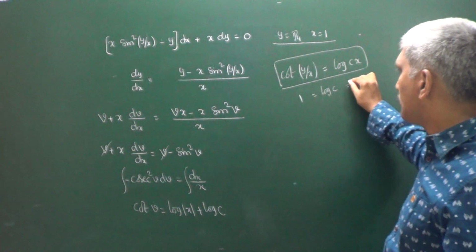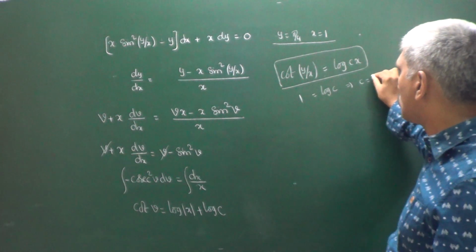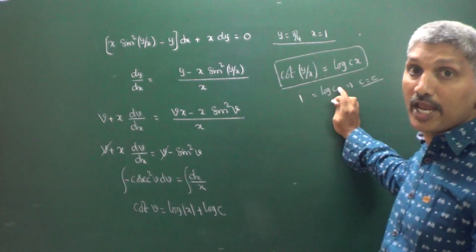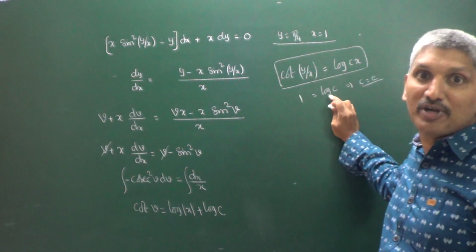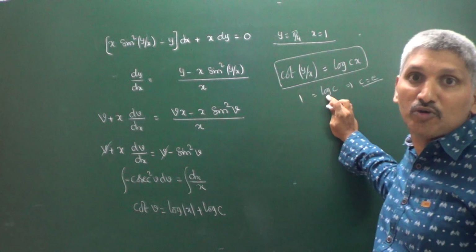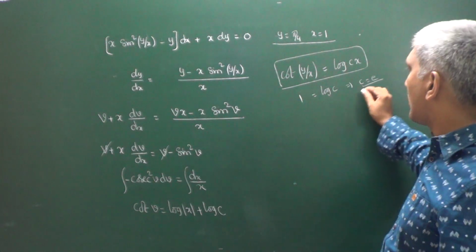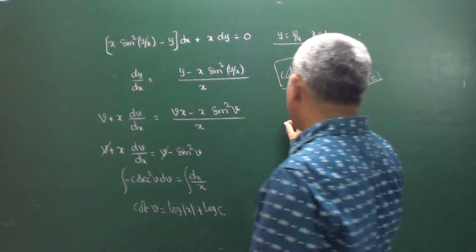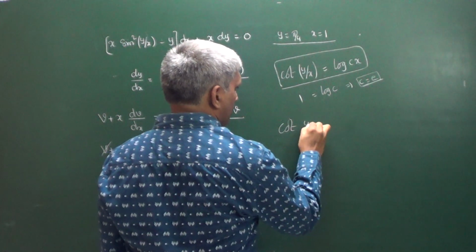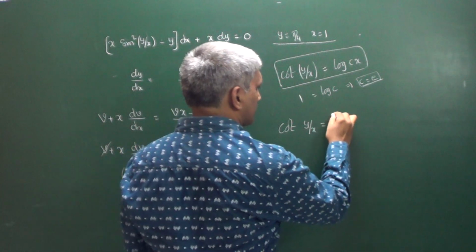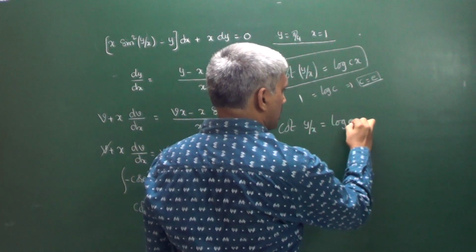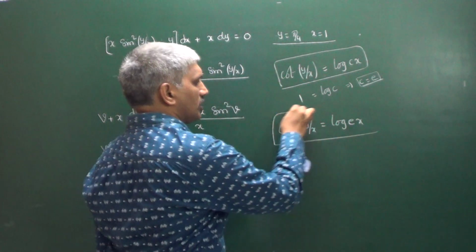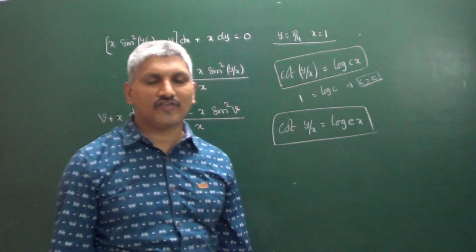That's why from this we are getting log c is equals to 1, because here base is already e only, natural logarithm. So the value of c is equal to e we got. Now the particular solution: cot y by x is equals to log ex. That is the particular solution for the given differential equation.